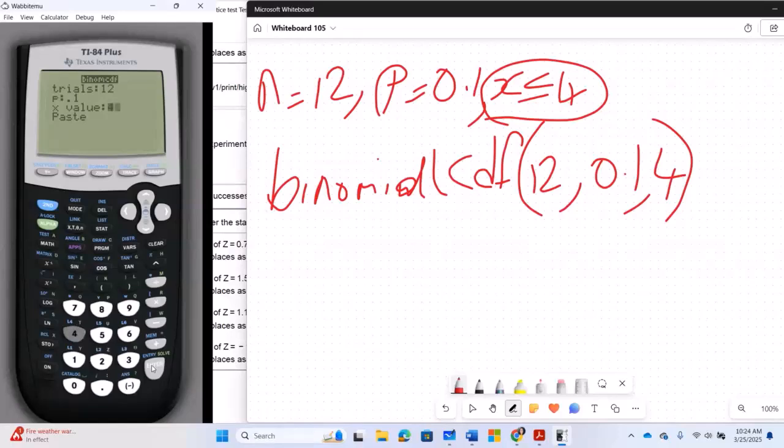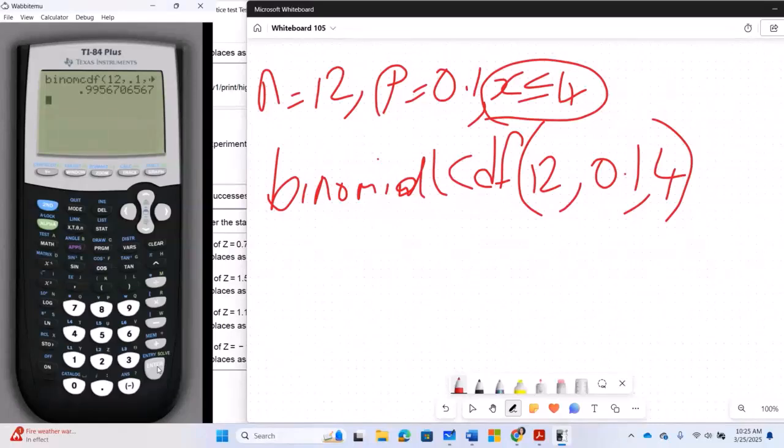The random variable is 4. Then it asks, do you want me to calculate? Yes, I said calculate. When I hit enter, it asks, is that what you really want? Yes.